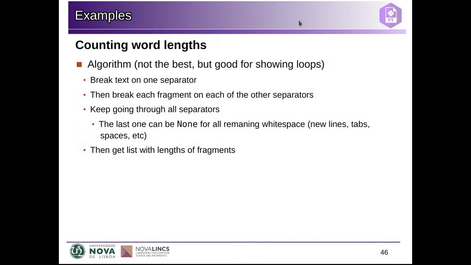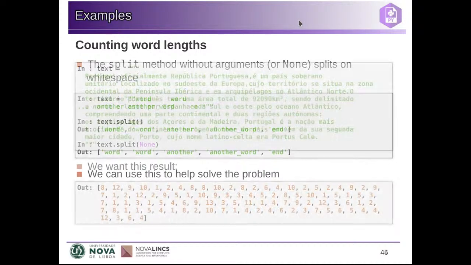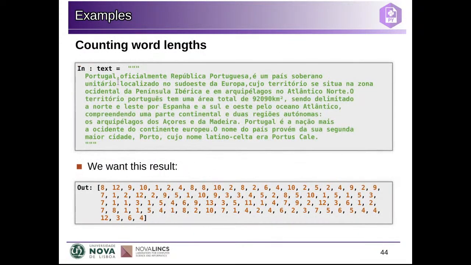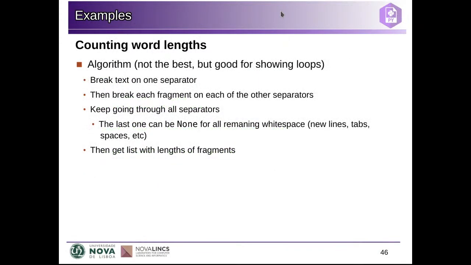The basic algorithm that we're going to do is to break the text on each separator, for example, on the commas using split, and then on the periods, and then on spaces and things like that. And we keep doing this through all the separators until we break everything down only into words. Once we have a list of words, the last separator can be None, just to take away the spaces.